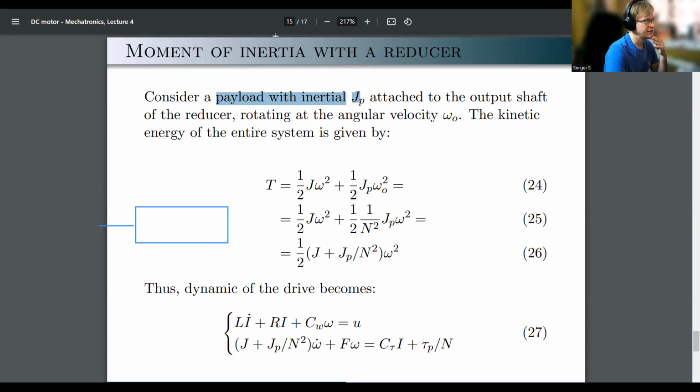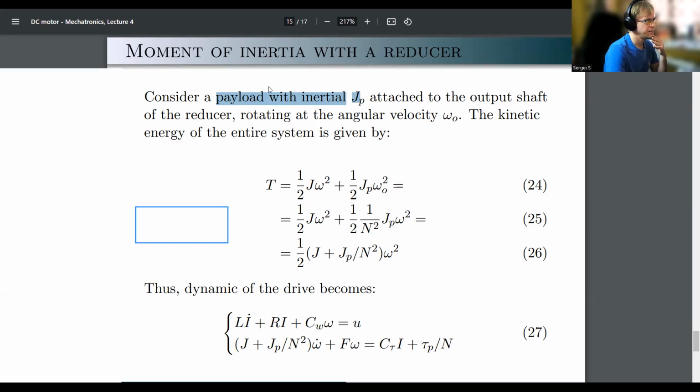Let me make a white space here. So here's the output shaft of the motor. Here is a reducer. Reducers, we often write them denoted by N. This is just the typical way to denote reducers, by letter N. And at the end of this reducer, you have an output shaft, right?